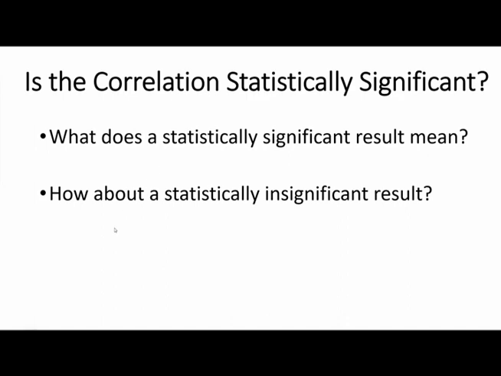and our p-value is very small, if it's smaller than that cutoff of 5%, then we're saying that it's very unlikely to get an R of 0.2 if the population you were pulling from had an R of 0.